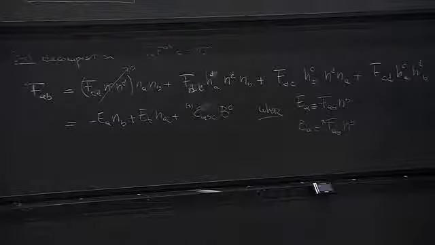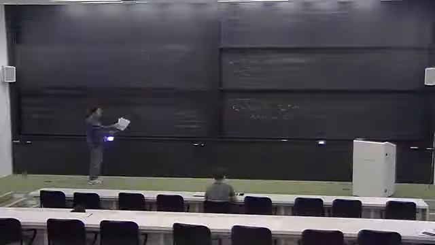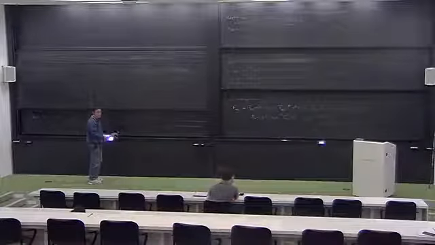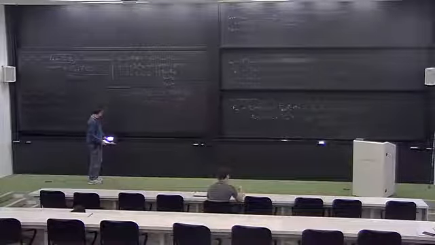So let me just try and quickly derive, or at least give you the basics of deriving, Maxwell's equations out of this decomposition, and then try and recognize the standard Maxwell's equations.